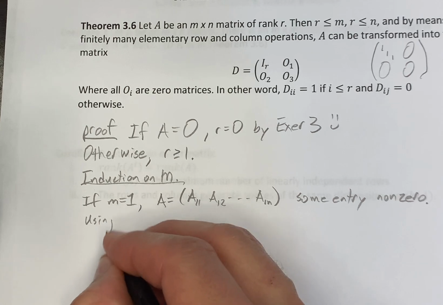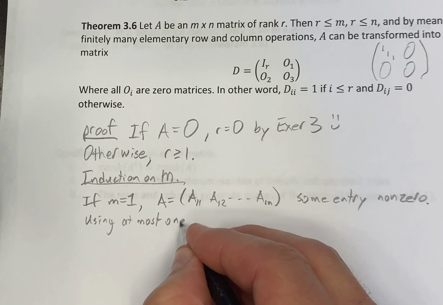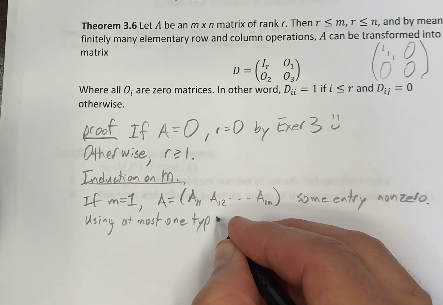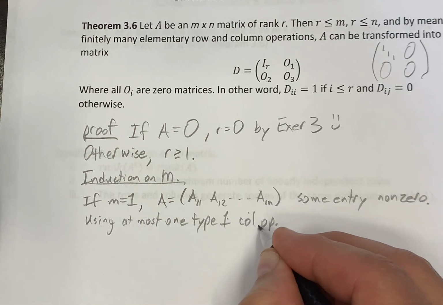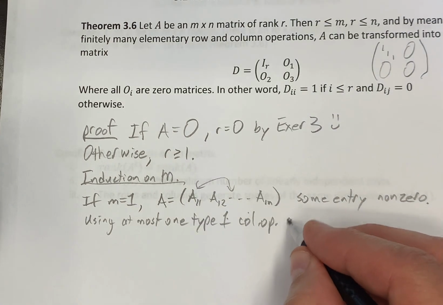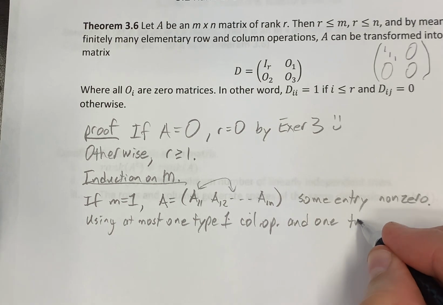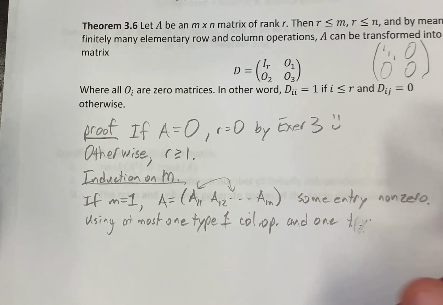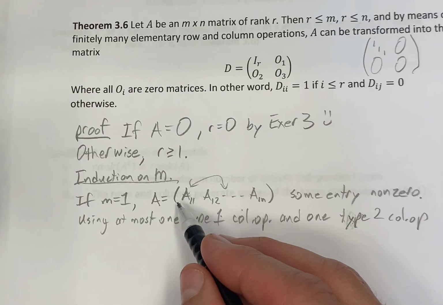Using at most one type 1 column operation, that's swapping 2 columns, you can move that non-zero entry to the front, and one type 2 column operation, remember, that's a scalar, you can rescale that non-zero entry to 1.